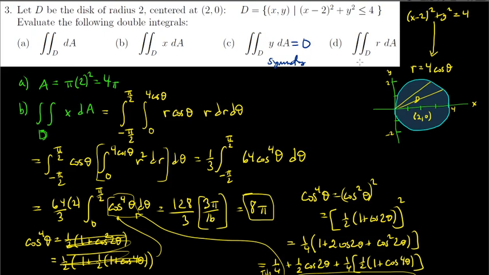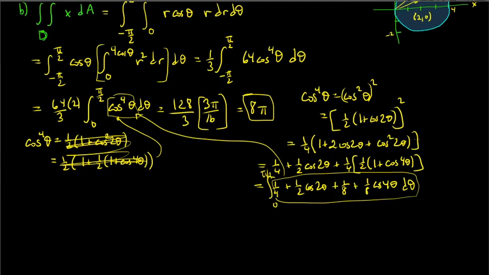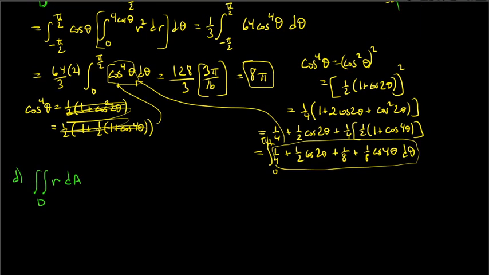And then part D, also pretty straightforward. You're just integrating r itself. So maybe we'll work that one out. Yep, so the integral of r dA. So we're still going negative pi over 2 to pi over 2, or 0 to pi, either way.